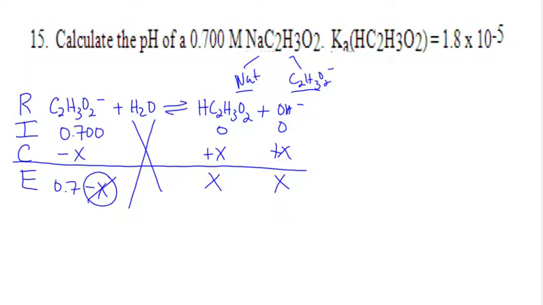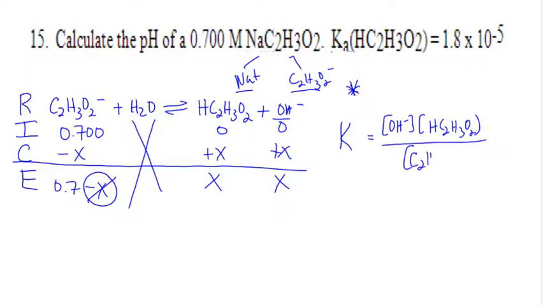Okay, this is the next thing that's different, and it's very specific only to hydrolysis problems. When we write the expression, I need you to pay attention. This is another reason when we're yelling at y'all, write your expression, because of this. If you notice, our expression, our K here, will start with an OH minus on top, divided by your typical setup.